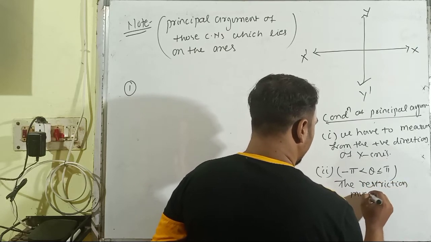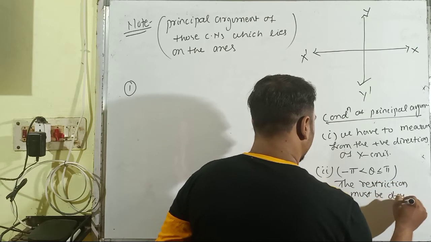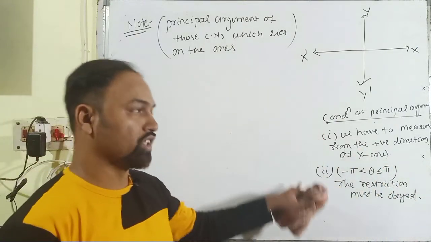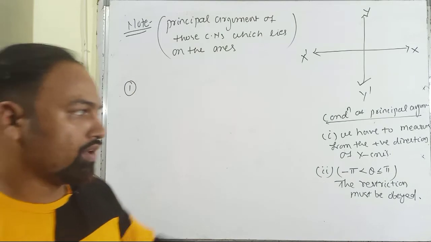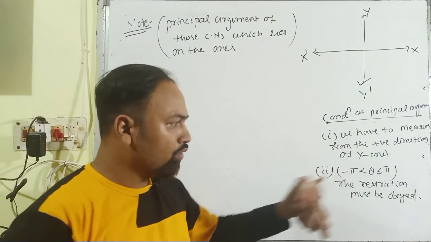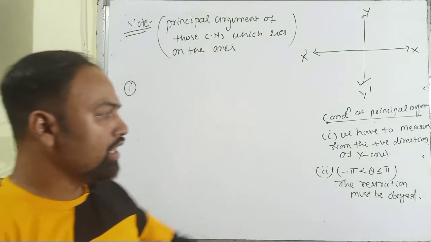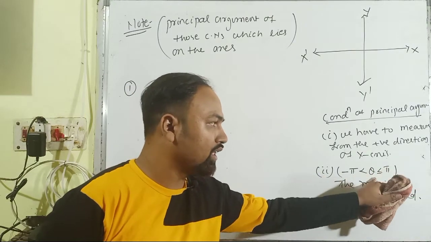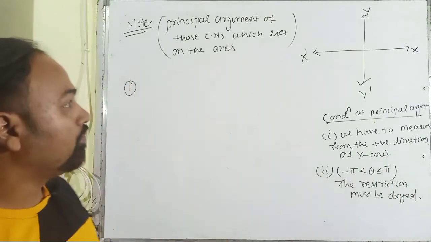The restriction must be obeyed. So we have to go for these two conditions. First of all, we have to measure it from the positive direction of x-axis. Then we have to measure it in such a way that it must lie between minus pi and pi, but minus pi less than theta less than or equal to pi.